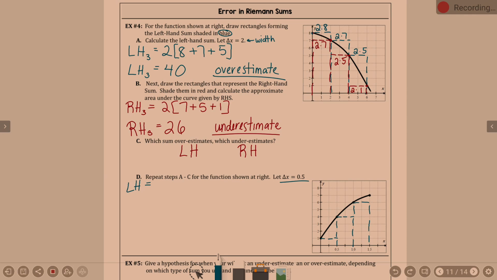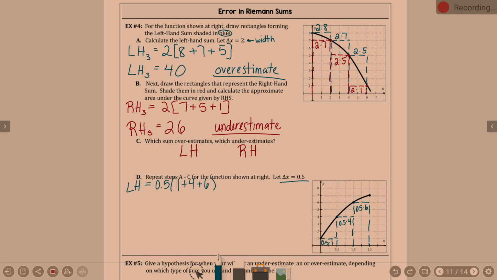Each of these were 0.5. This first one is going to be 0.5 times the height of 1, 0.5 times the height of 4, and 0.5 times the height of 6. So I can say 0.5 times 1 plus 4 plus 6.